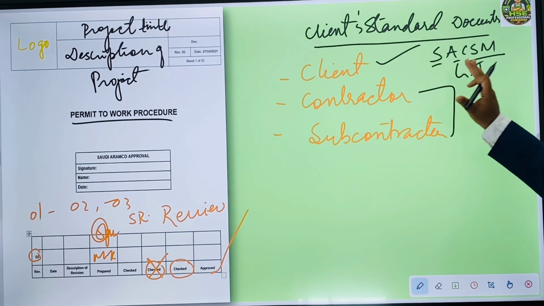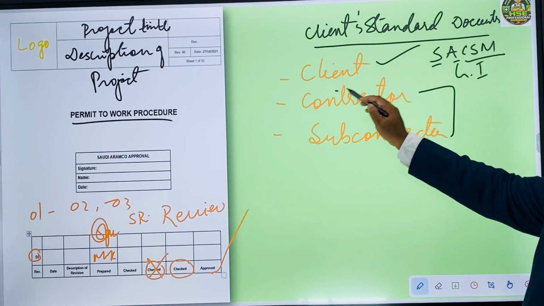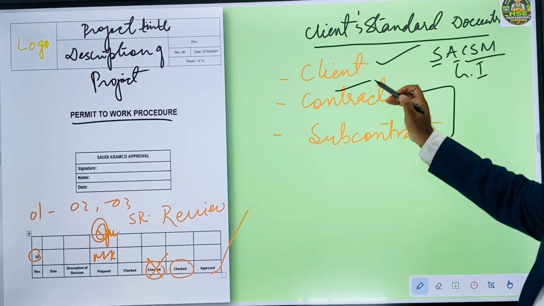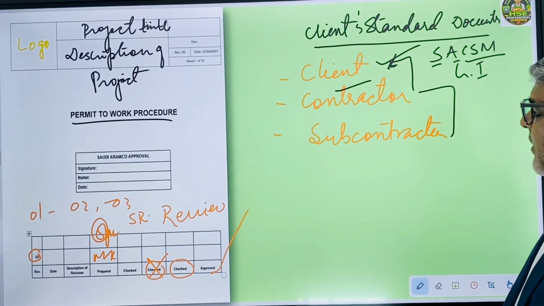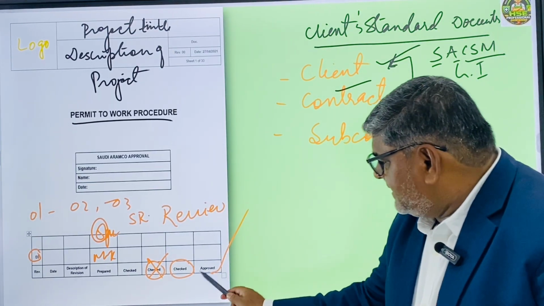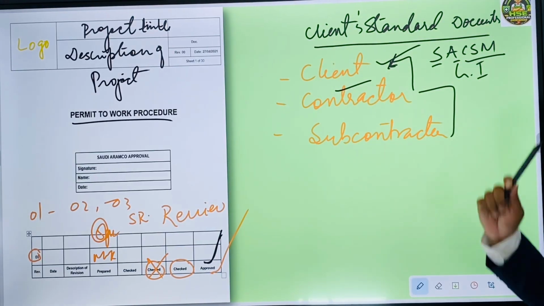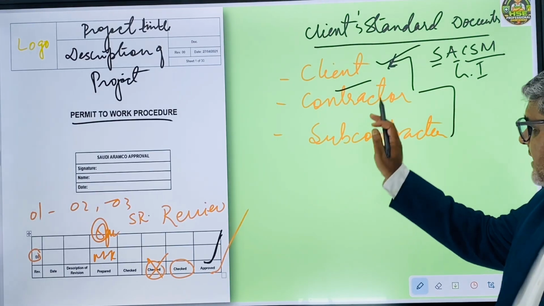So this document will be prepared based on client documents, and the contractor will prepare this document and submit it to the client for review. This portion will be approved by the client.